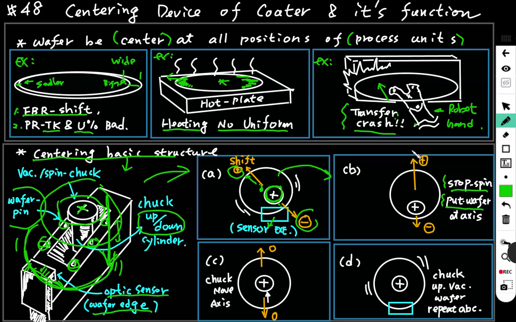So this is the axis direction. The chuck puts the wafer so the shift way aligns with the axis.